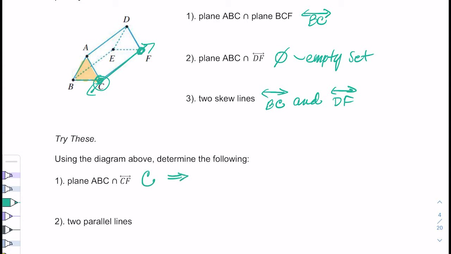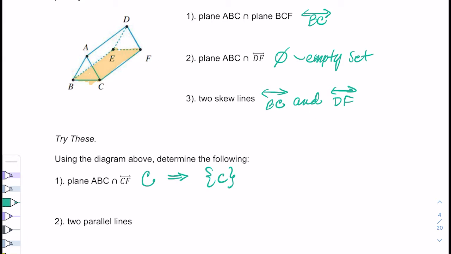You may see your answer written in set notation, since intersect does pertain to sets. Now we're looking at 2 parallel lines. So these are lines that are in the same plane and don't intersect. Okay, so I'm going to pick a plane, like this bottom plane, which again, you can name it using 3 letters.